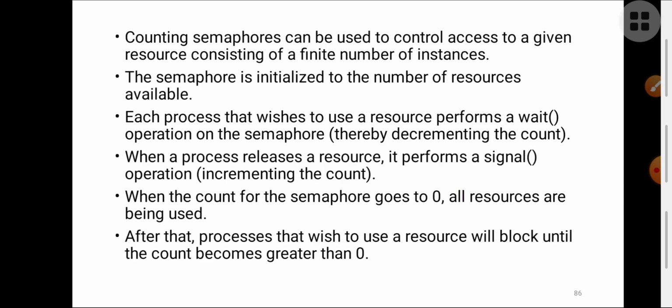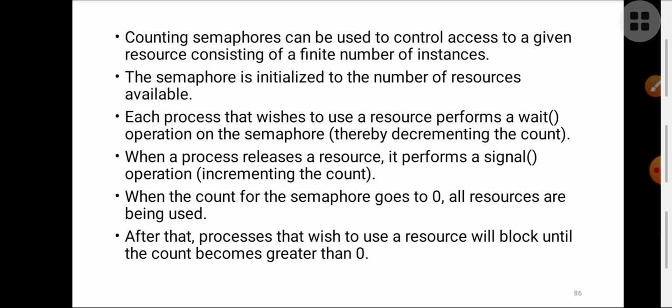A counting semaphore can be used to control access to a given resource consisting of a finite number of instances, and the semaphore is initialized to the number of resources available. Each process that wants to use a resource has to execute a wait operation on the semaphore.